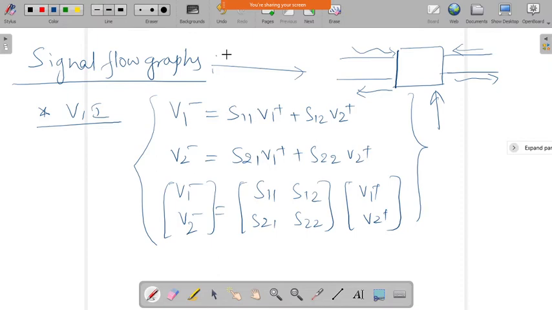We can show the flow of signal in terms of the incident and reflected voltages, and the S parameters can be represented as multiplying factors. We will see how to represent the signal flow graph, and it is actually a simpler method to reduce the overall expression of the complete network.